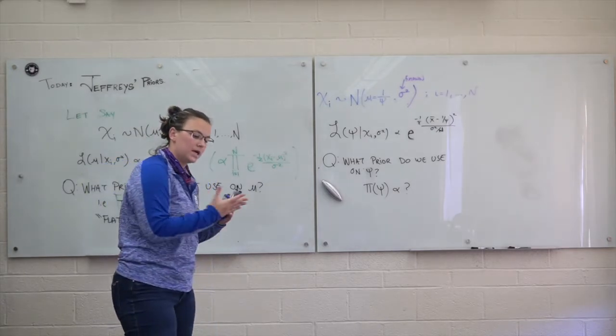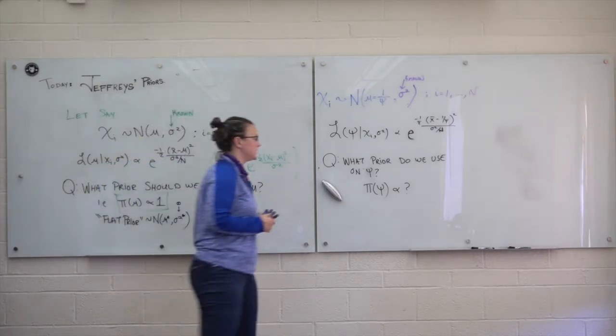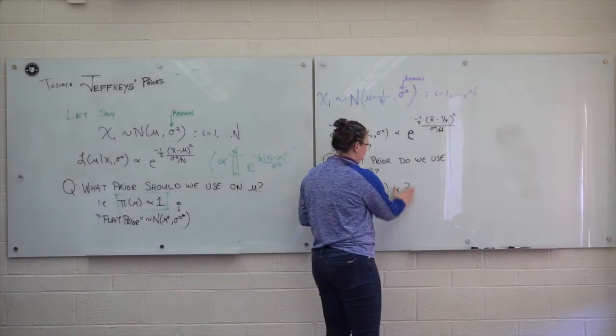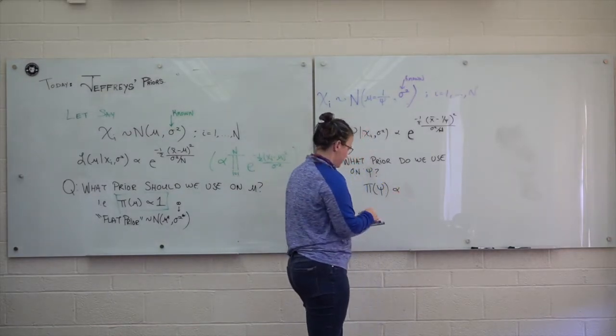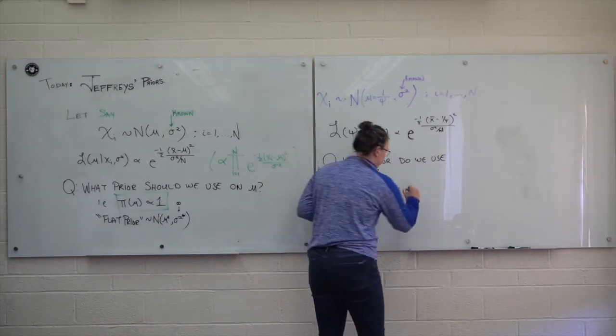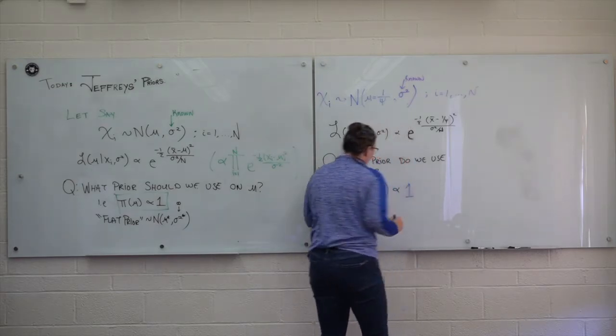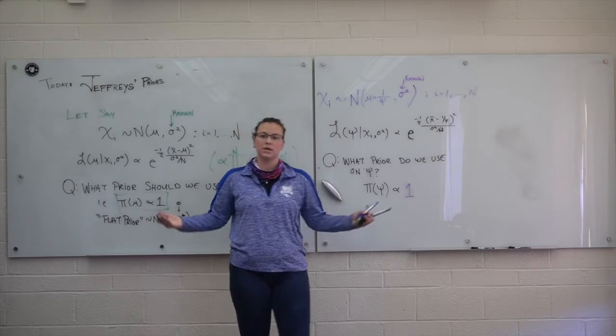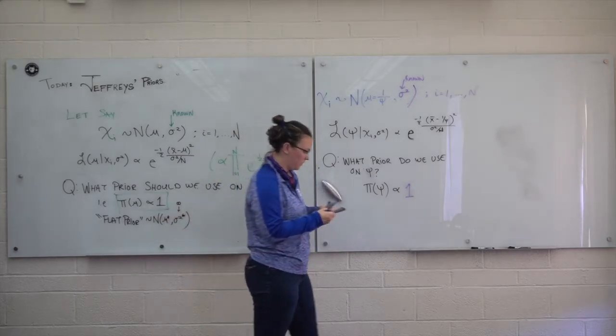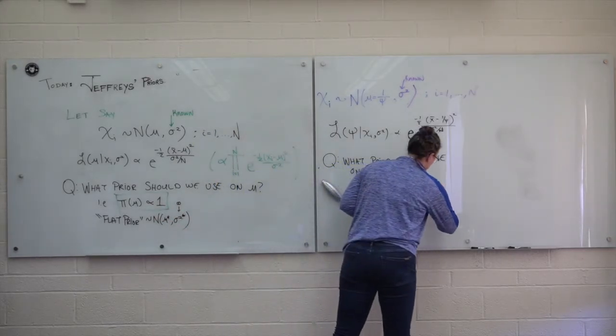Now, in class, again, we had someone say, let's do the flat prior. This seems reasonable. Let's say the prior on psi is the flat prior again, or proportional to 1.